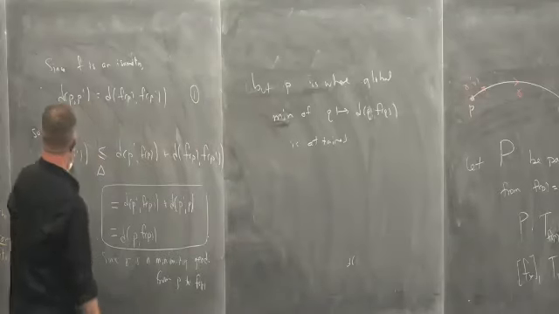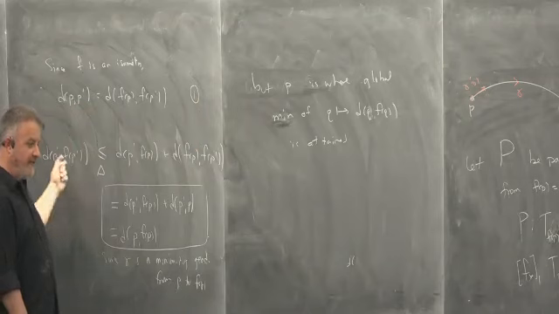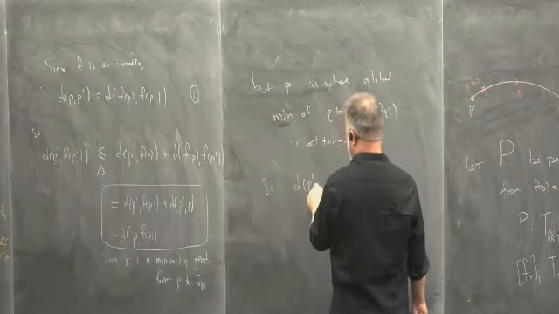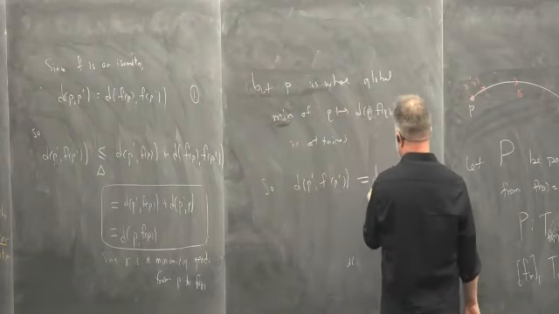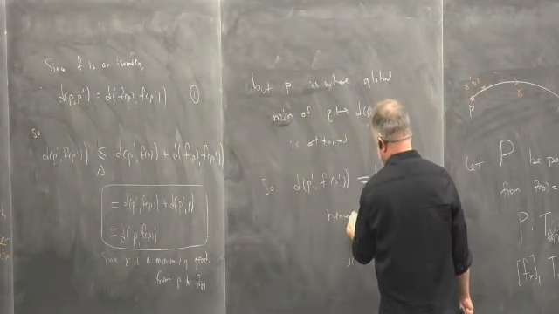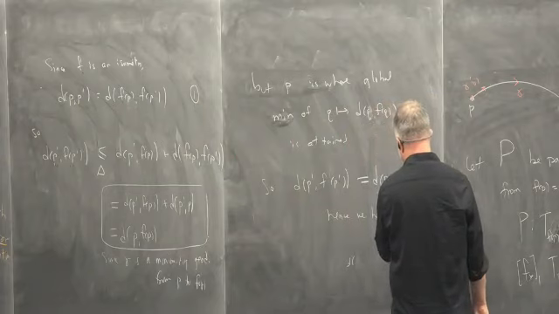And I found another point where the distance from P prime to f of P prime is less than or equal to that. So they have to be equal. So D of P prime, f of P prime is equal to D of P, f of P. And hence, we have equality in the triangle inequality.